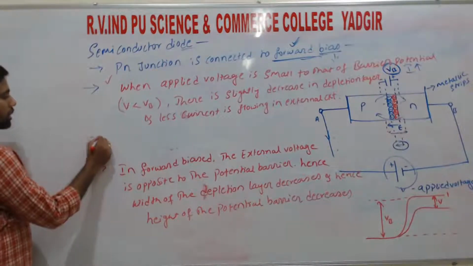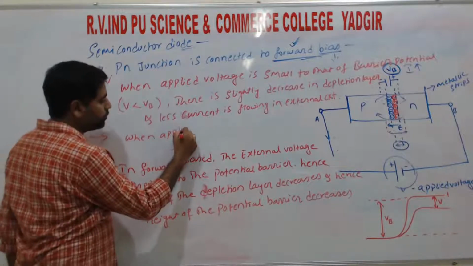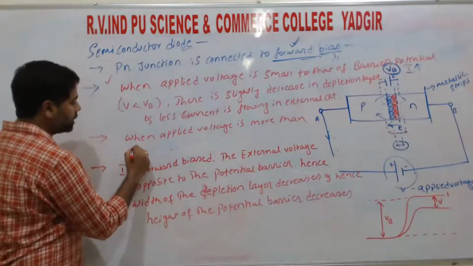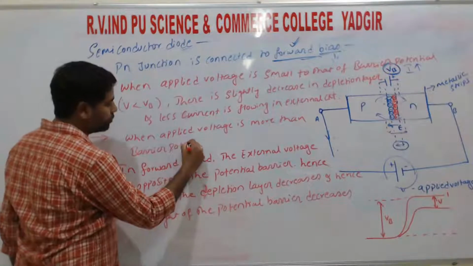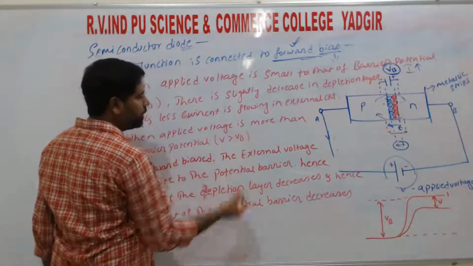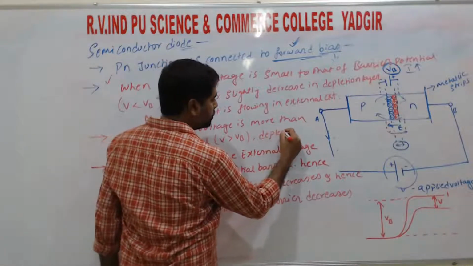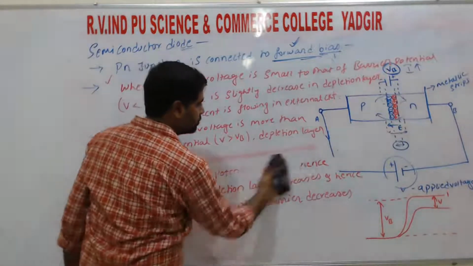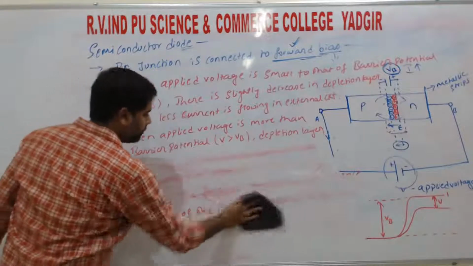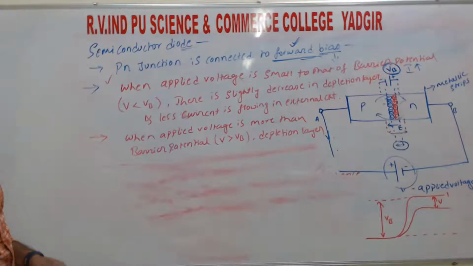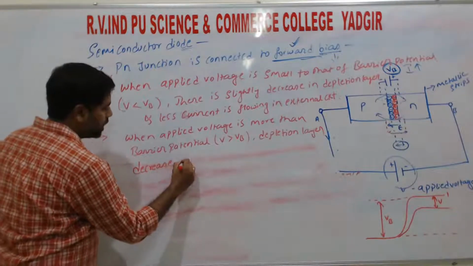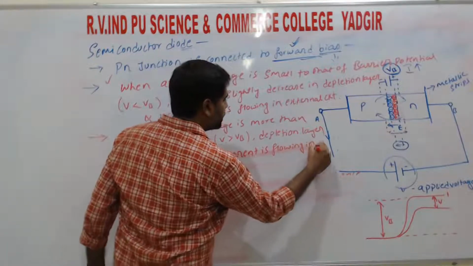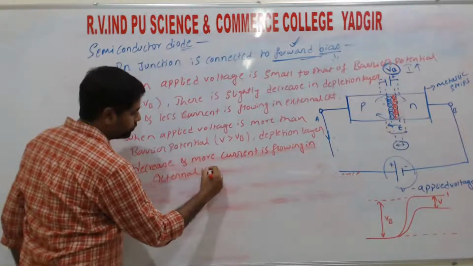Right? So the next point is, when the applied voltage is more than the barrier potential, that means V is greater than VB, then the depletion layer decreases, and more current is flowing in the external circuit, right?